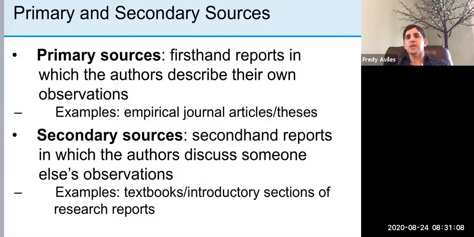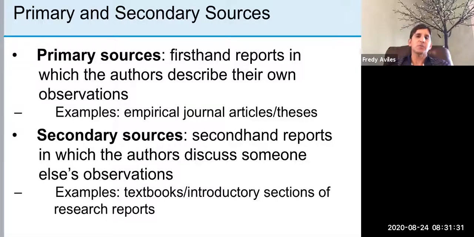But your secondary sources are basically descriptions written by others of the work done by those other people. So they are summaries, descriptions, or a synopsis of work or observations that have been done by others.